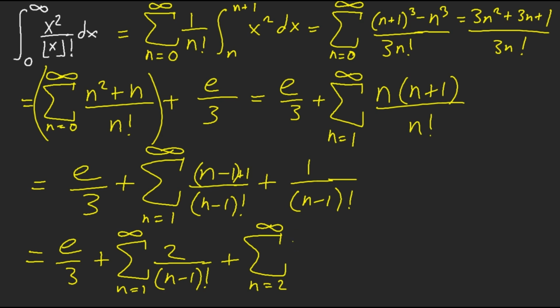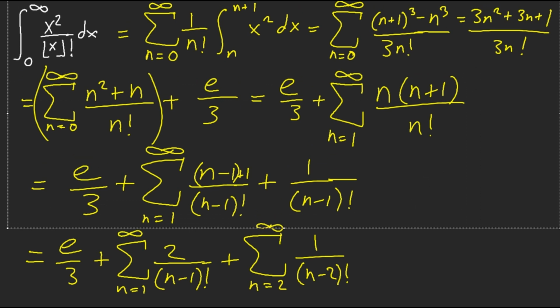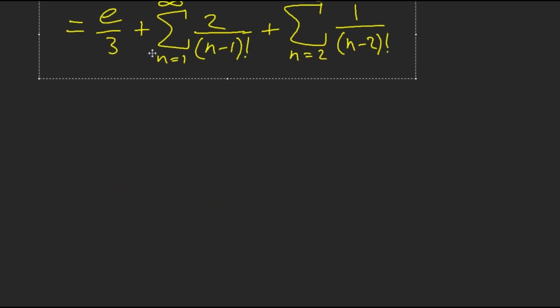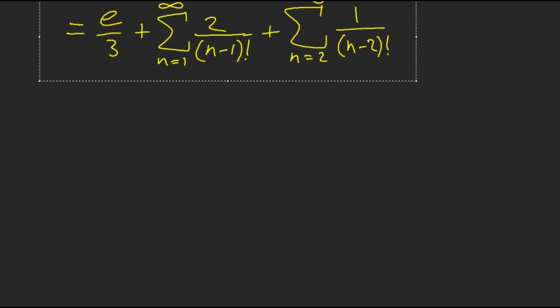And now we can use n minus 1 over n minus 1 factorial, right? That cancels out. So now this is 1 over n minus 2 factorial. Okay? So this is another dangerous case to be careful with when you're dealing with trickier sums.